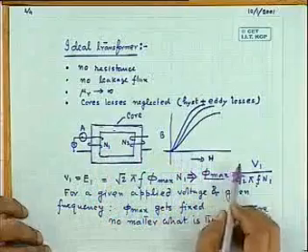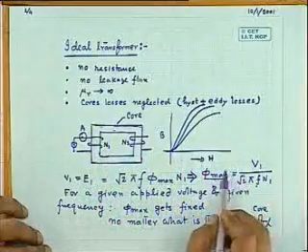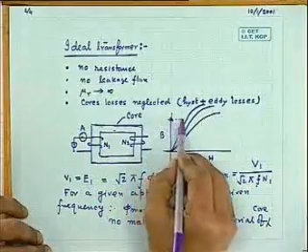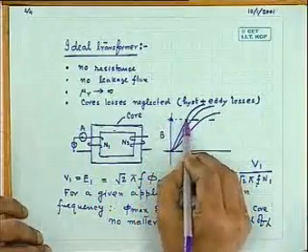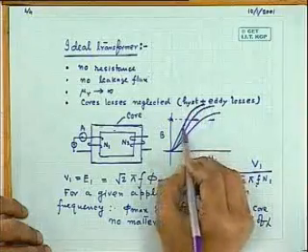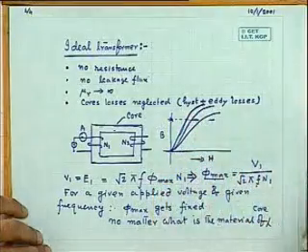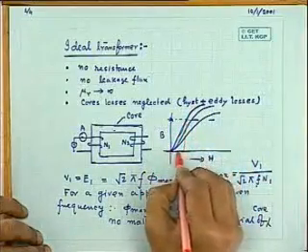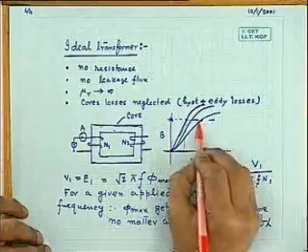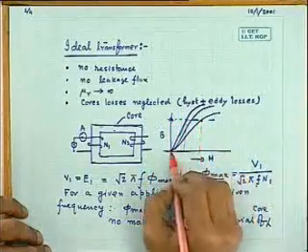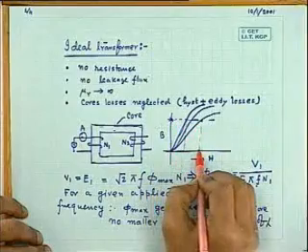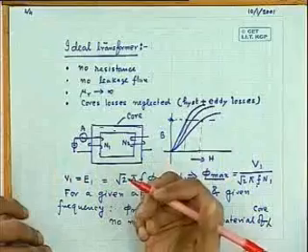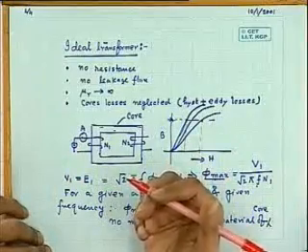So I will calculate phi max, then B max, then fix this B max here and read the current. Suppose this is the material presently used; the ammeter will show this much reading. If you use this material, it will show this much, and so on. So the current drawn from the supply will change as you change the type of material.